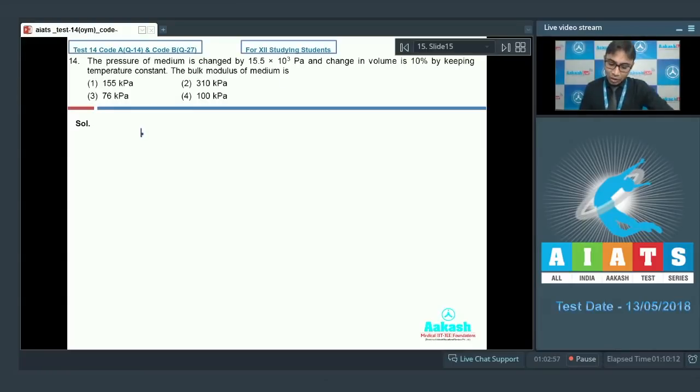We know that the bulk modulus of any medium is defined as change in pressure divided by change in volume per unit volume. But the question says that change in volume is 10%. That means delta V upon V into 100 is equal to 10. So delta V upon V must be equal to 1 by 10. And the question says that pressure is changed by 15.5 into 10 cube Pascal.